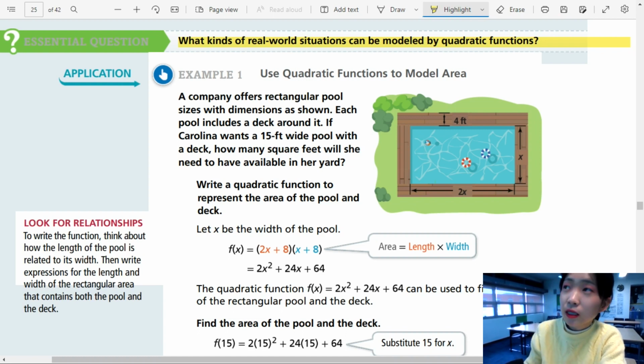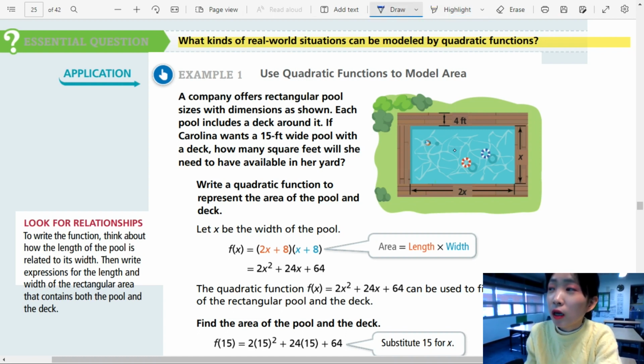So if you look at the given information, we have a pool here, but then we have a deck around it, right? And the width of that is 4 feet. And then the width of the pool itself is x, the length is 2x, right? We want to know how many square feet will she need to have available in her yard if she wants a 15 feet wide pool with a deck.